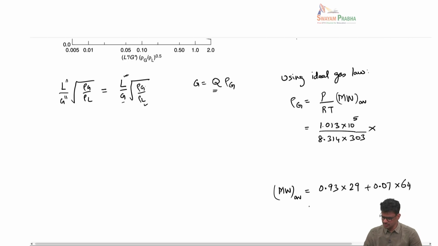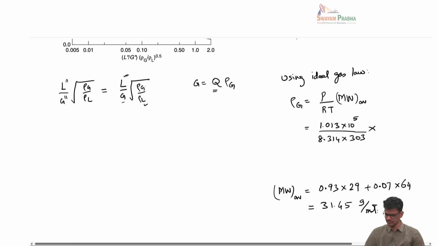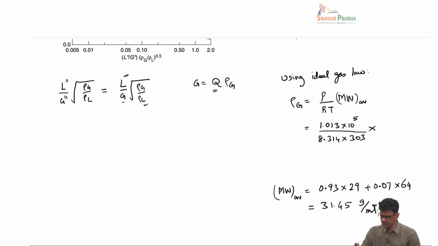This gives something like 31.45 grams per mole, and I'm going to substitute that here.